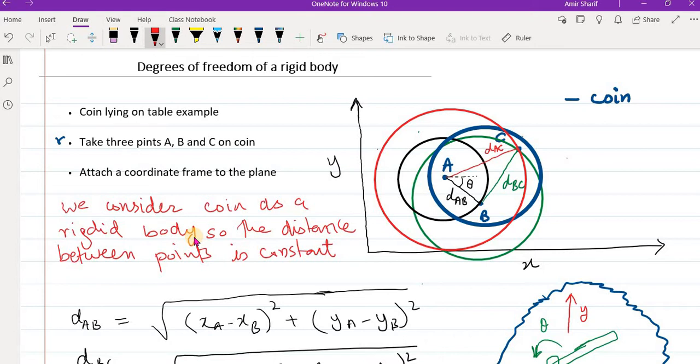It cannot move because if it moves along the circumference of the red circle, then it's no longer on the intersection of the green circle and red circle. So it has no degrees of freedom and has two constraints.